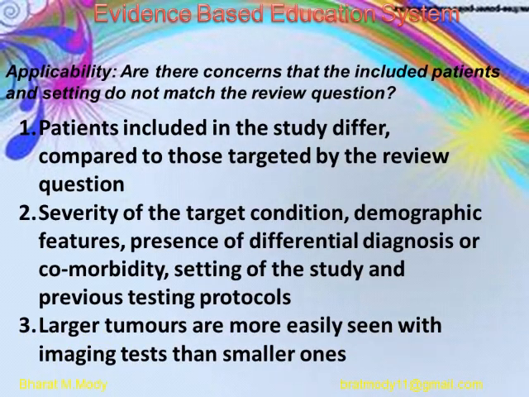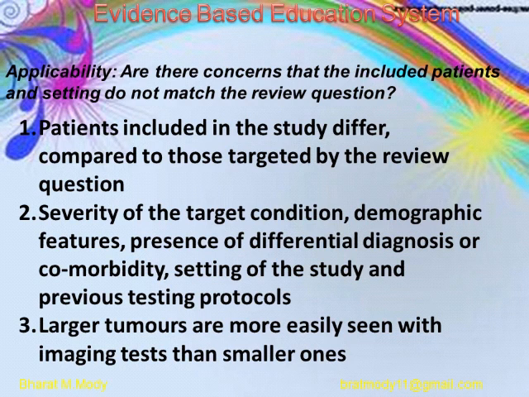Are there concerns that the included patients and the setting do not match the review question? Your review question, the aims and objectives, should be reflected properly in your results. Patients included in the study should be in relation to the review question. Severity of the conditions and demographics should not vary so widely that you get a heterogeneous group. Heterogeneity in the grouping should be avoided as far as possible.